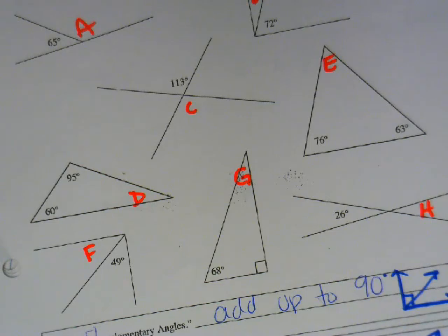Which one? E? E is just like we did that thing. F is like B. They have to equal 90.